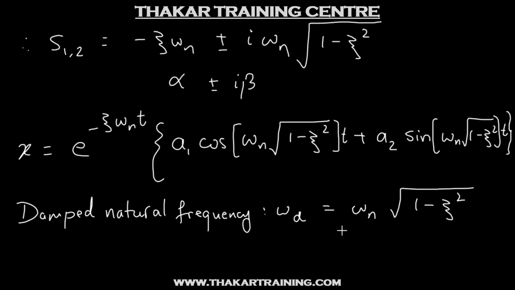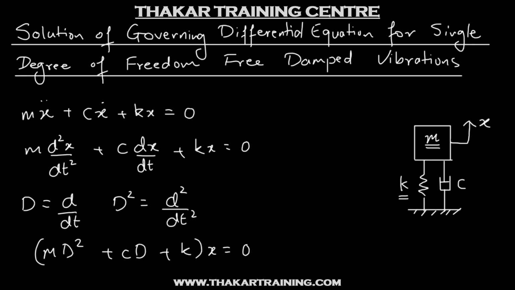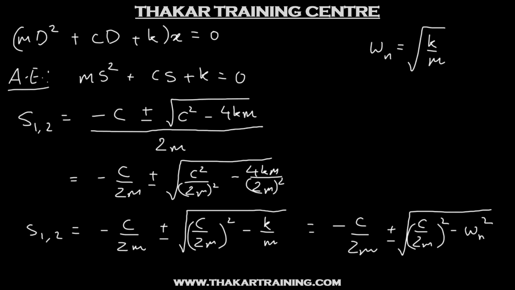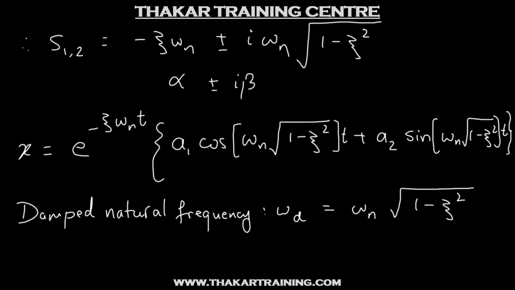And obviously this is the frequency with which the oscillation is going to happen. If there is no damping, then we know that the spring mass system will oscillate with the frequency of omega n. But if there is damping and it is an underdamped system, then it will oscillate with the frequency omega d. Hence it is called the damped natural frequency of the system, and its value is omega n under root 1 minus zeta square.